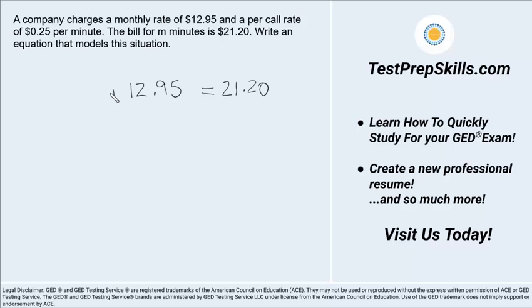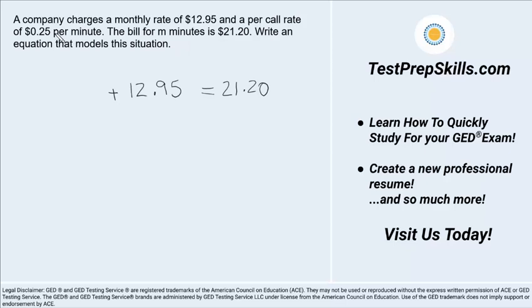Now, we know we need to add this to our final part. This final part is the tricky part. This is going to involve our variable m. We've got our flat rate. Now we need to somehow figure out our m minutes and our rate per minute.